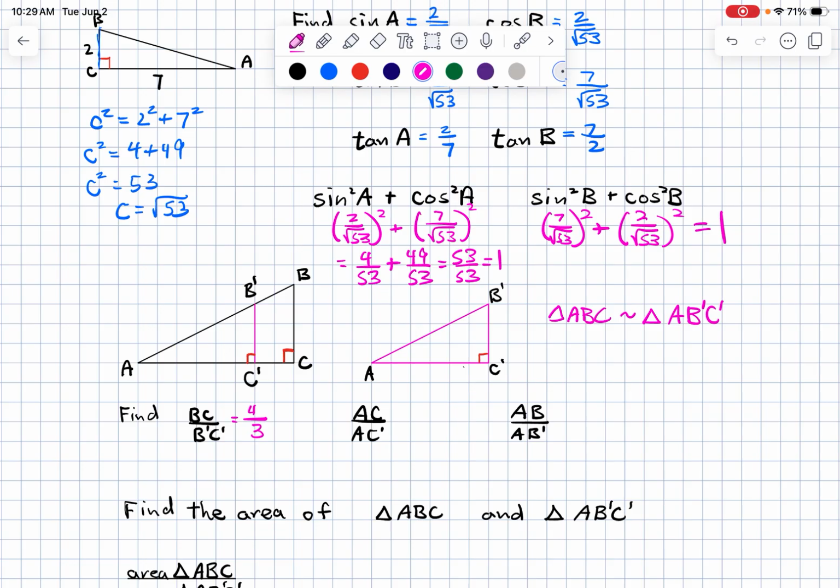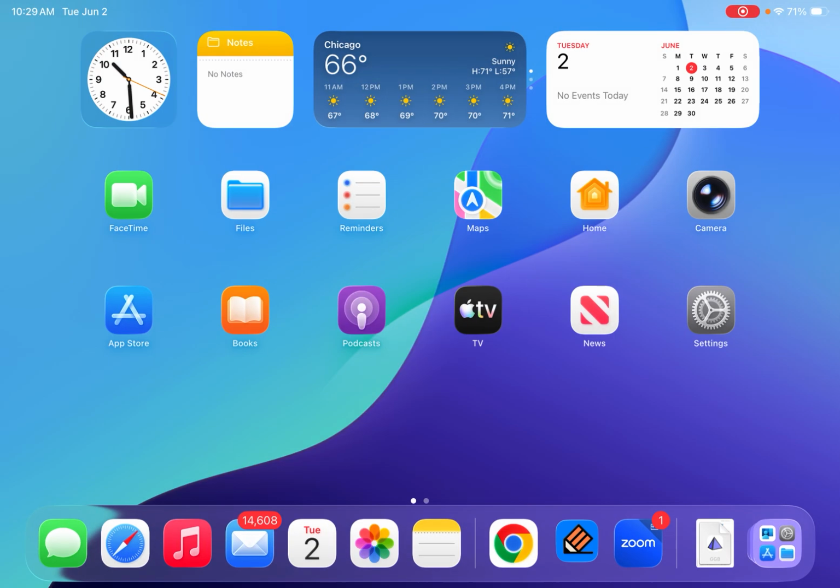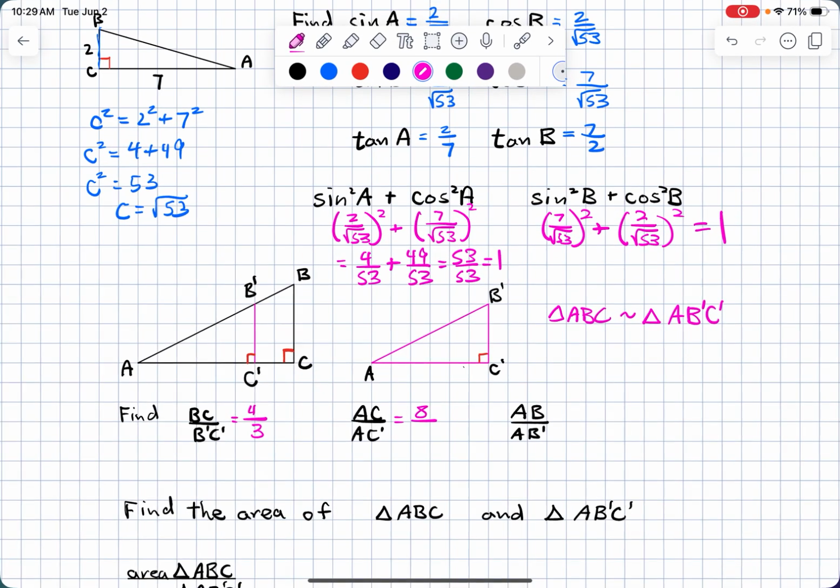Now, let's look at AC. Okay, so AC is 1, 2, 3, 4, 5, 6, 7, 8. And AC prime, 1, 2, 3, 4, 5, 6. Is it 6?